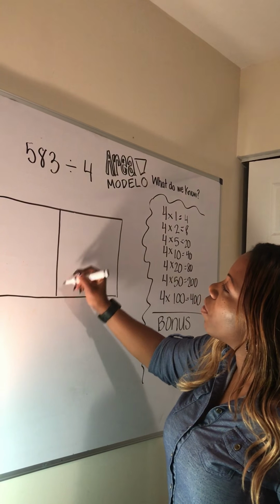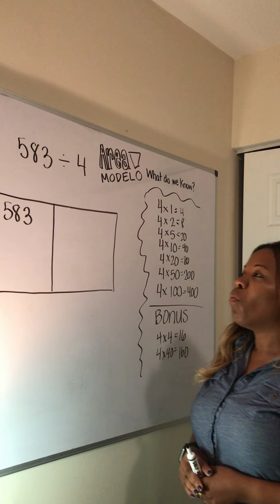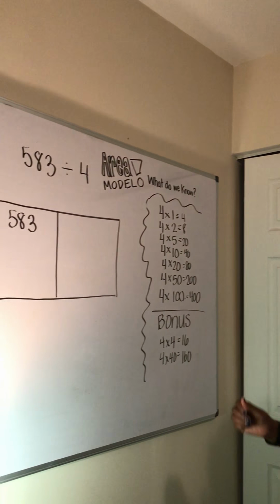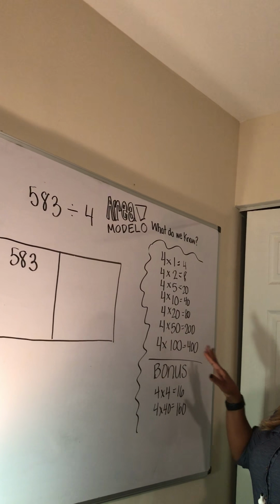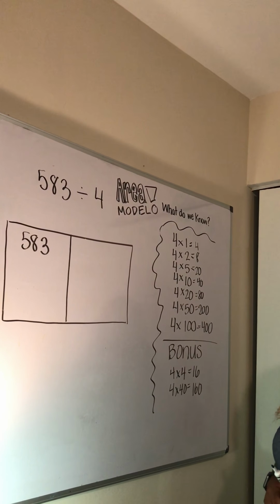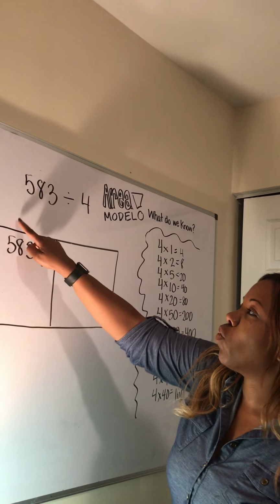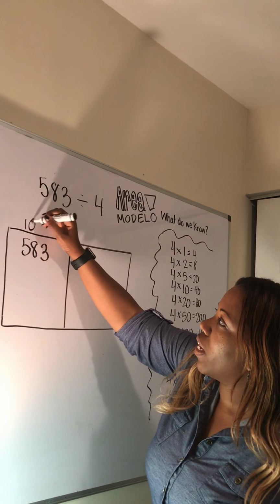And we're going to start with putting 583 over here. Now, what we are doing is we're looking over here to see which one of these products will help us get closest to 583. And when we look over here, we know that if we multiply 4 times 100, we're going to get really close.